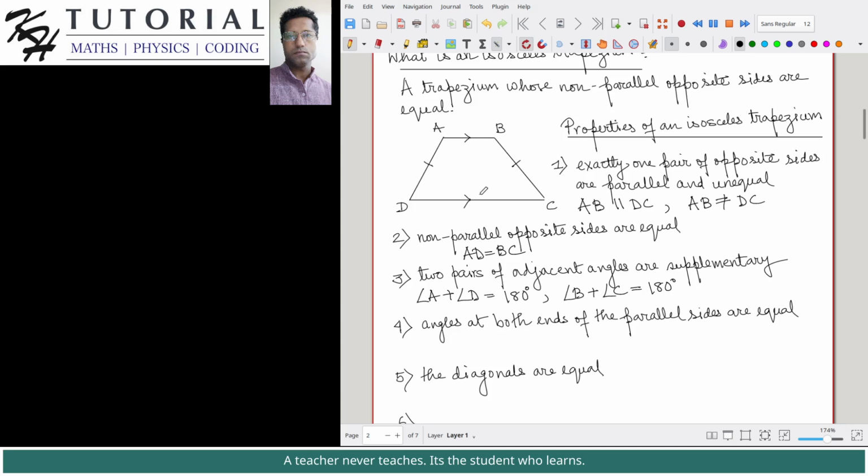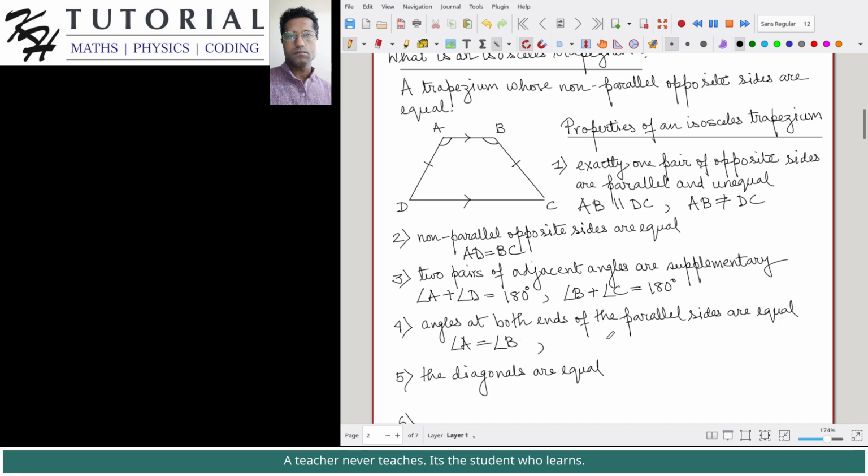For the base AB, the angles at its two ends are angle A and angle B, and they will be equal. So angle A will be equal to angle B.